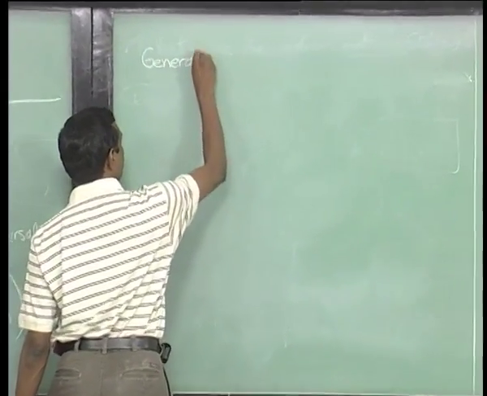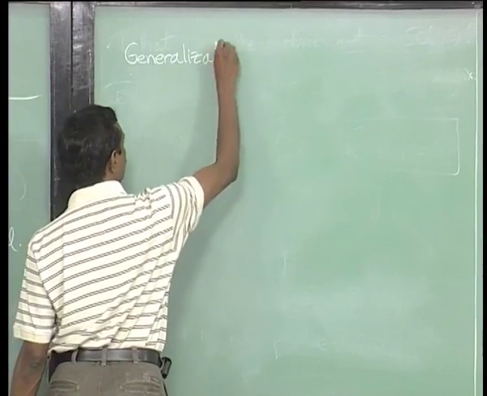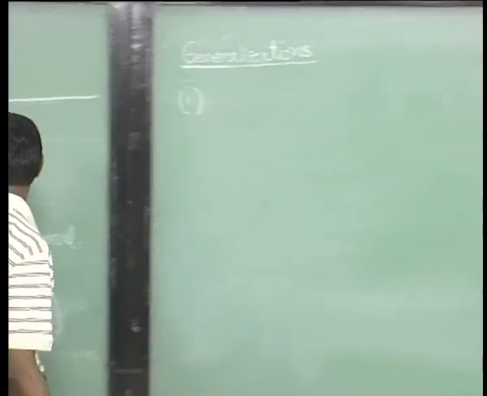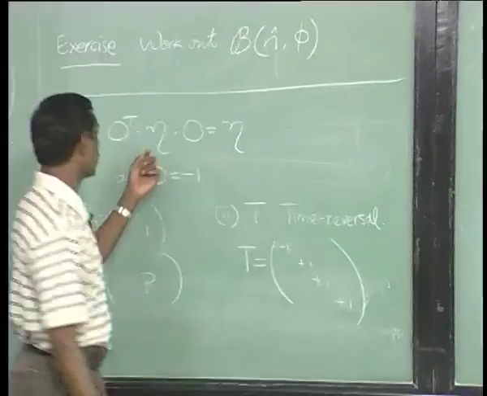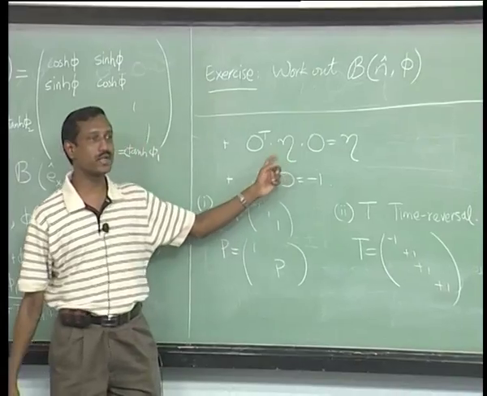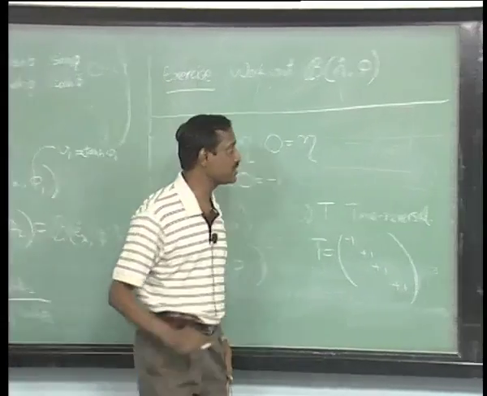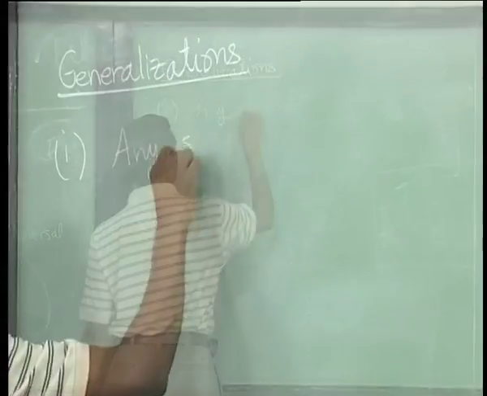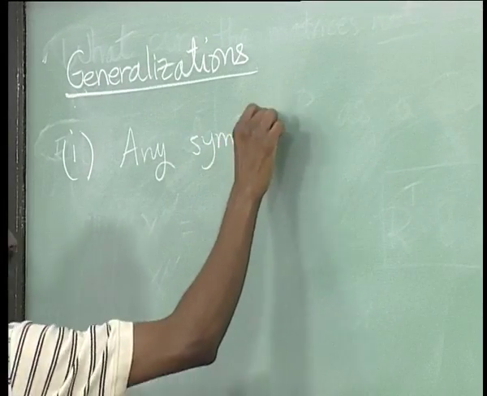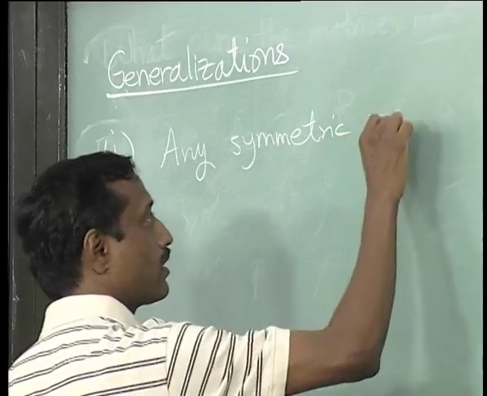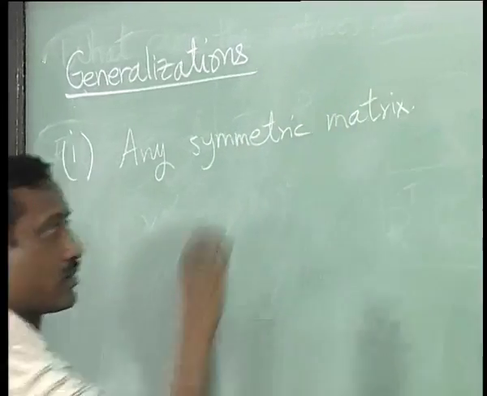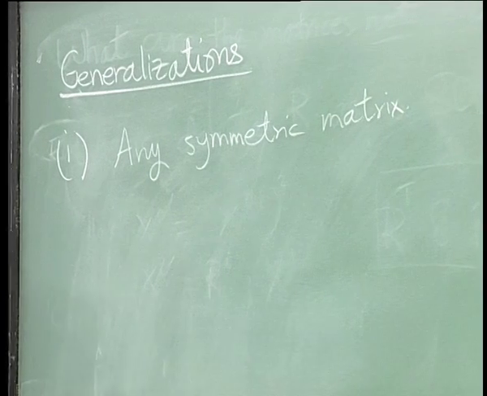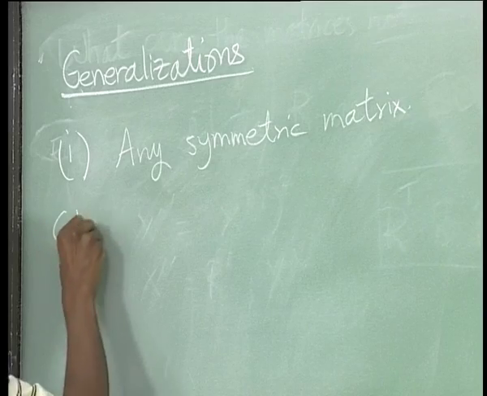So, now the generalizations. What we saw here was we replaced the Kronecker delta with eta, but in principle I can replace it with any symmetric real matrix, and that will give you a norm, but this is just a claim.